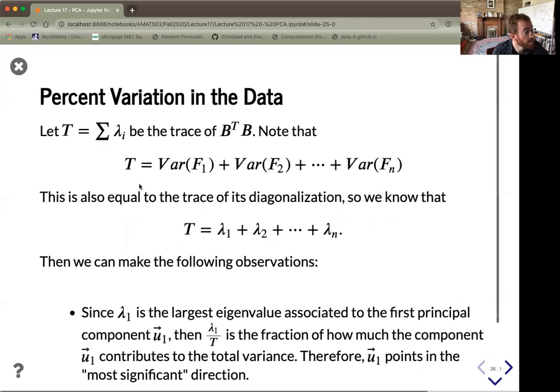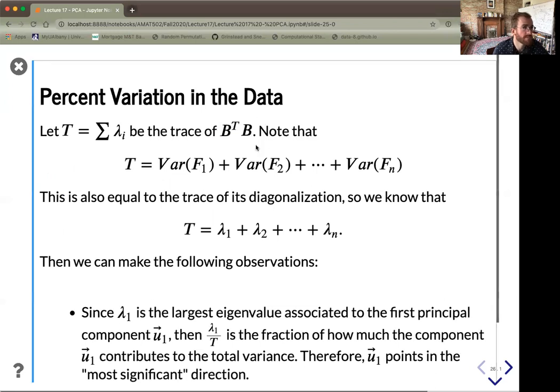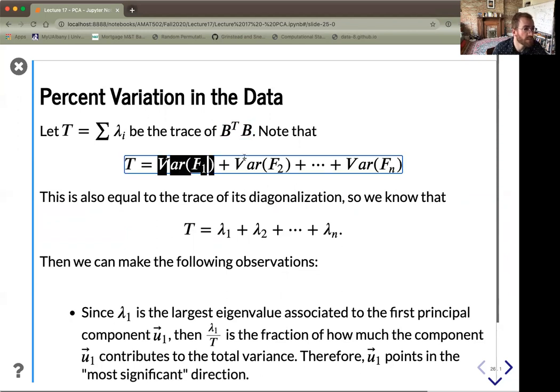Just moving on. Remember, I've got my matrix B transpose times B, which is my mean centered data B multiplied by B transpose on the left. Now, if you look carefully at what's happening in that mean centering process, and at what this dot product looks like along the diagonal of this product matrix, you'll see that the sum of the diagonal entries consists of the variance of the first feature all the way up through the variance of the nth feature.